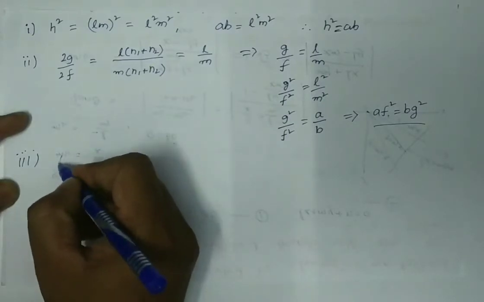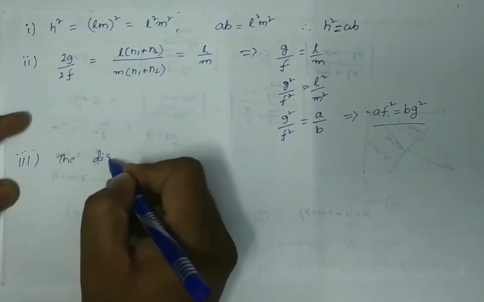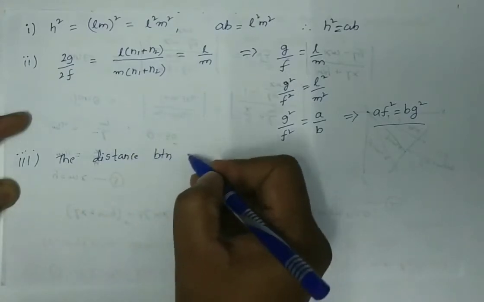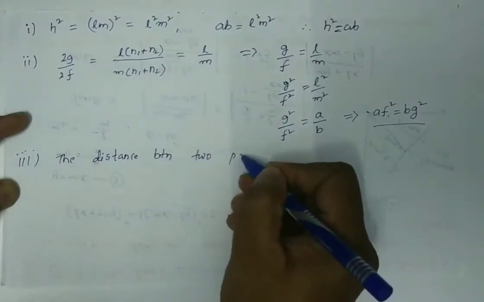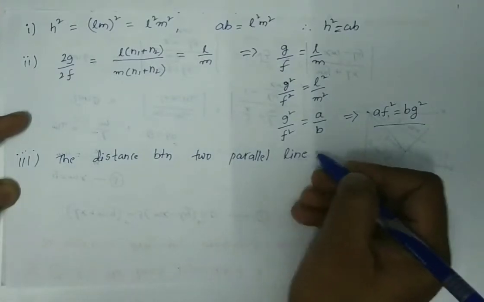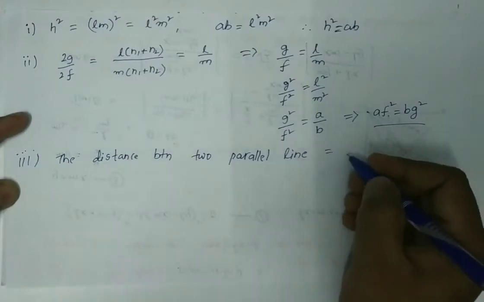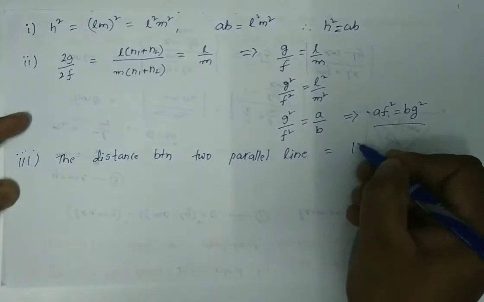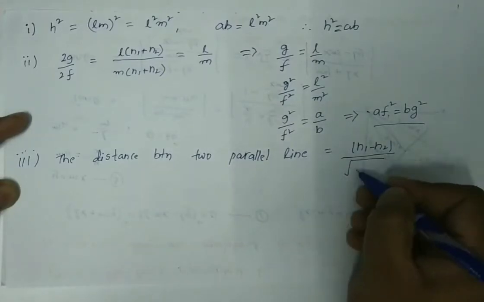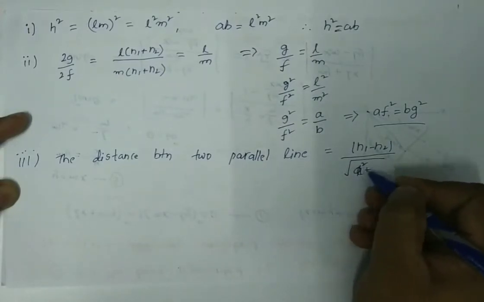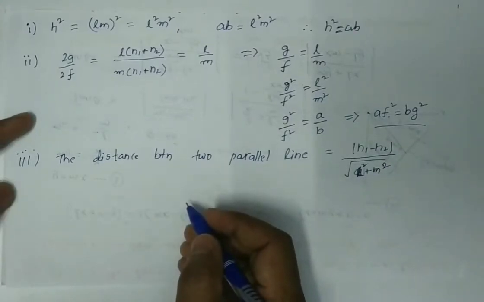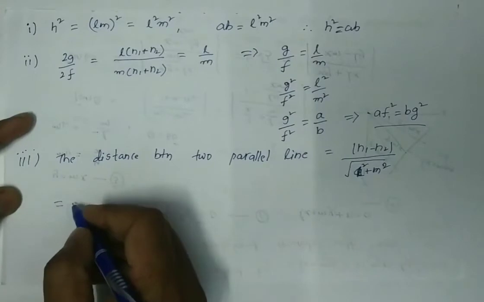Okay, the third one. Already we know the formula for the distance between two parallel lines. The distance between two parallel lines is given by the formula: modulus of n1 minus n2 divided by under root of L square plus m square.